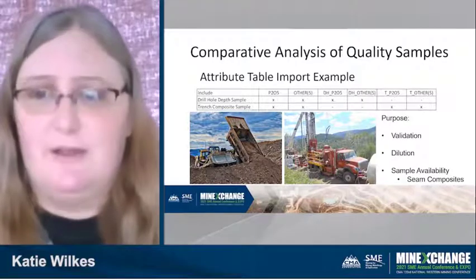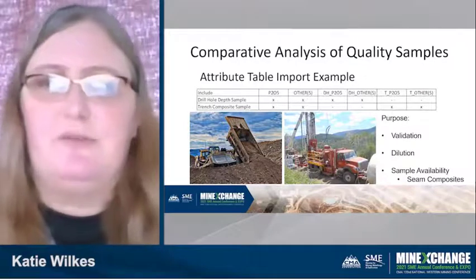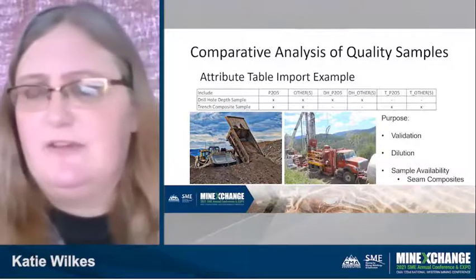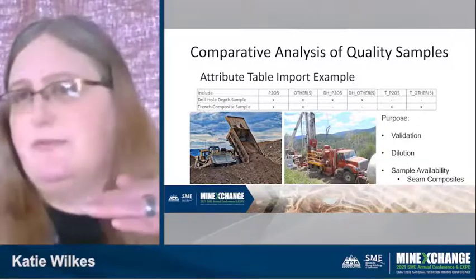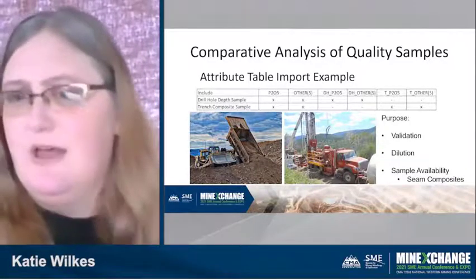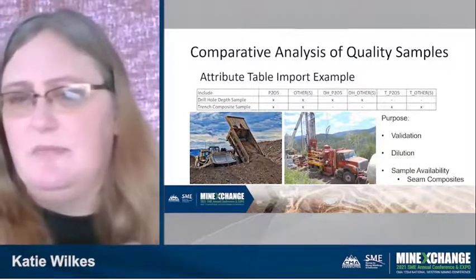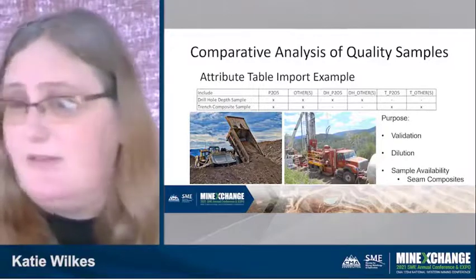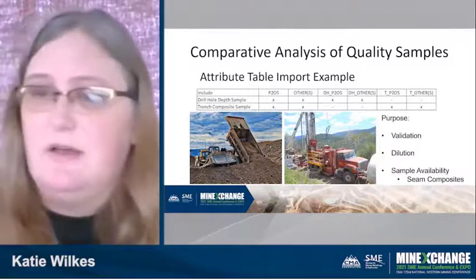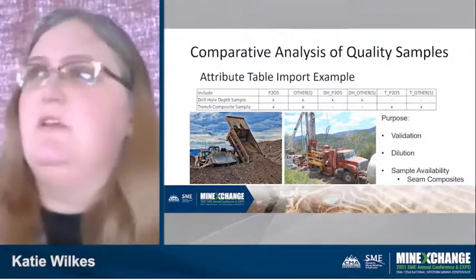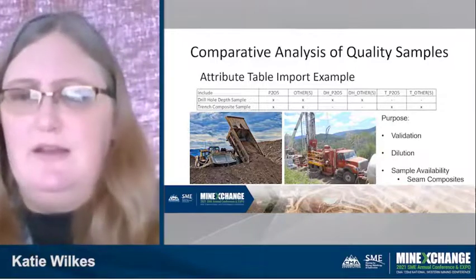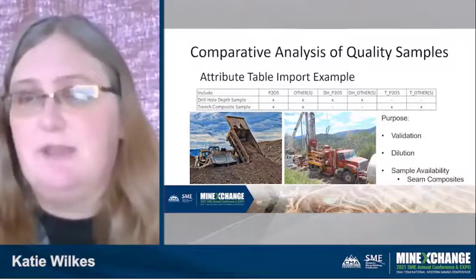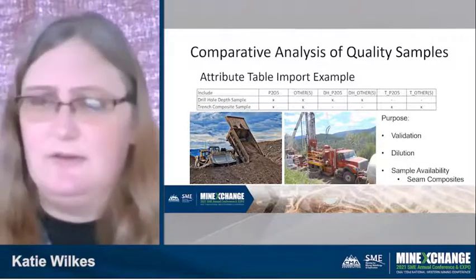Another reason you might want to have these different prefixes, and you might actually add prefixes to different holes, is because sometimes you have discrete samples of depth samples in a drill hole, and you've taken and created the seams and then composited those in the lab physically, and then ran different attributes like BTUs or your other metals that are just composites, and you don't have them sampled discretely to save some money.